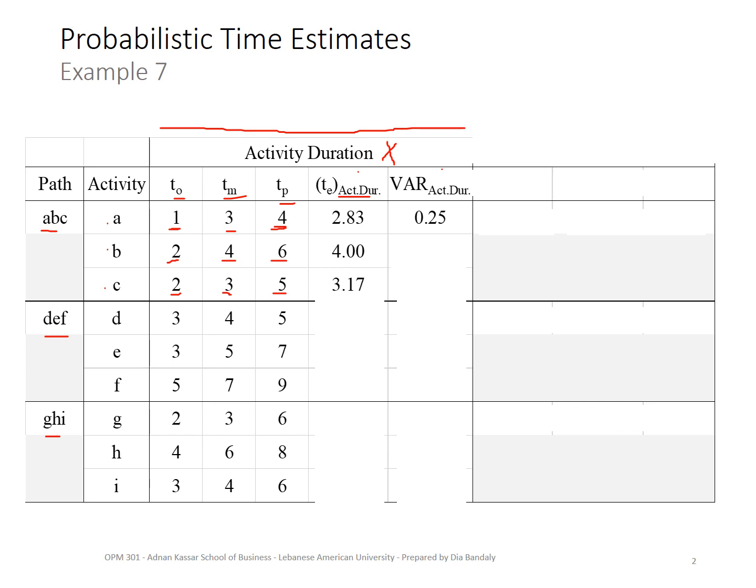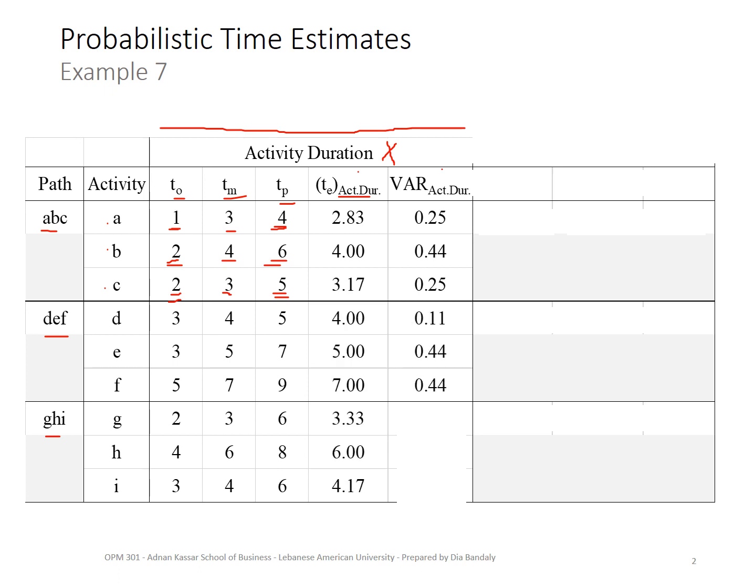Second one, B: it's 6 minus 2, that's 4, squared, 16 over 36, 0.44. Then 5 minus 2, that's 3, squared, 9 over 36, that's 0.25. All right, so I believe these are clear enough, and I strongly advise you to do these calculations yourself for D, E, F and G, H, I, but here are the results for you. Do it first and compare your answers to these values.